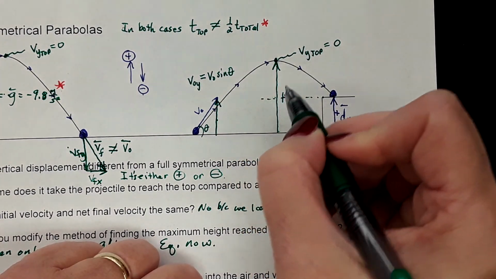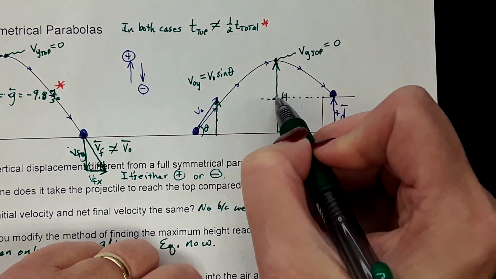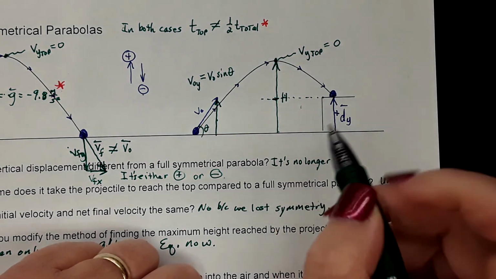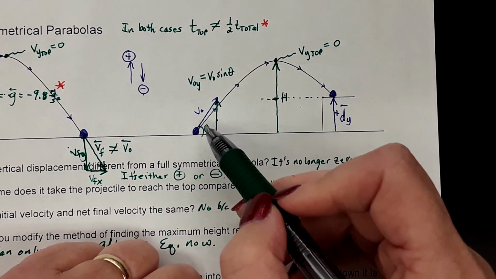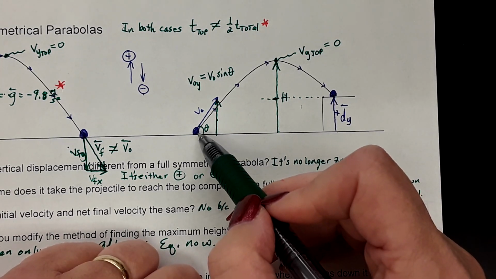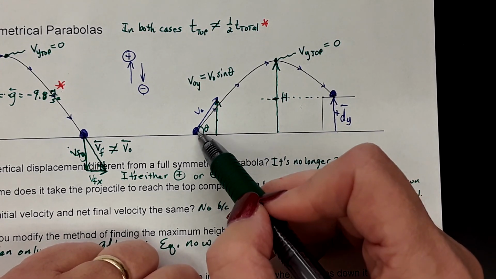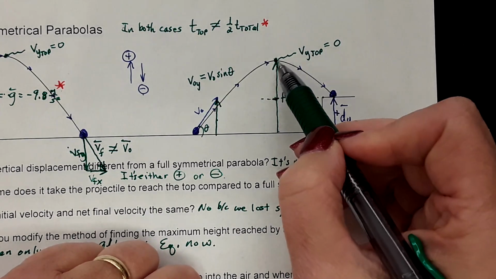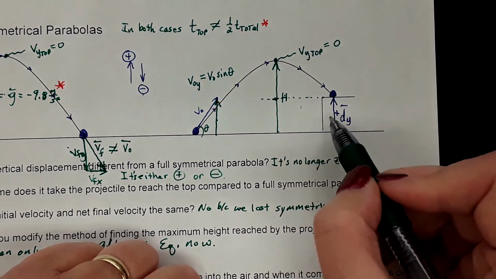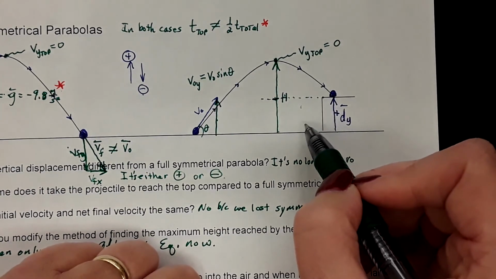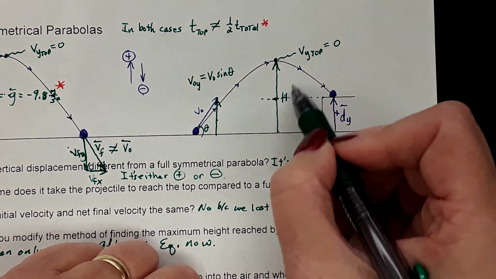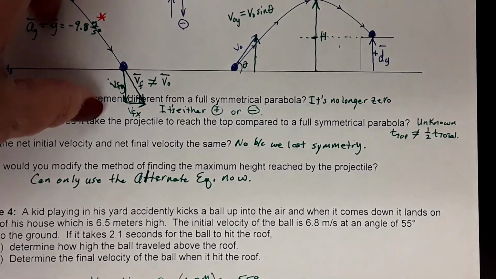So they want from here up to the top. So what we can do is use the alternate equation to determine how far the ball went vertically from here to here. We can find all of this, then subtract out the height of the roof, and that will leave behind this much. That's what we're going to do right now.